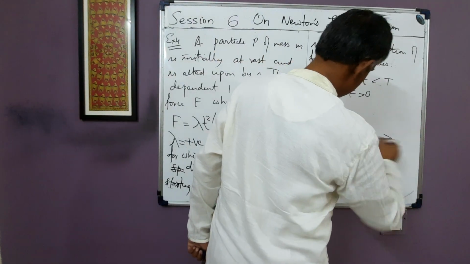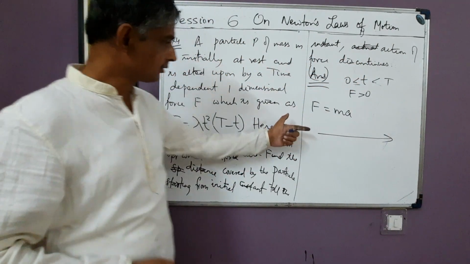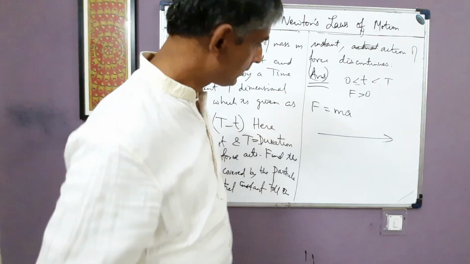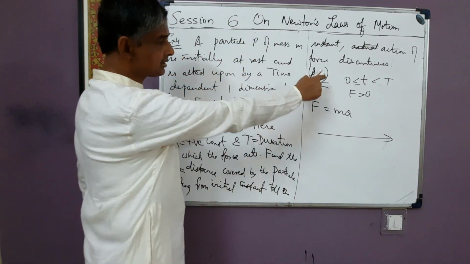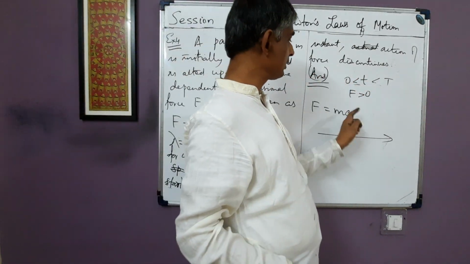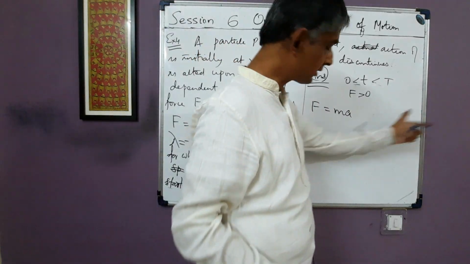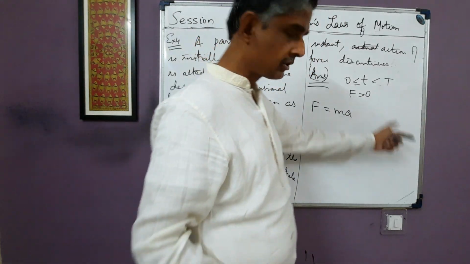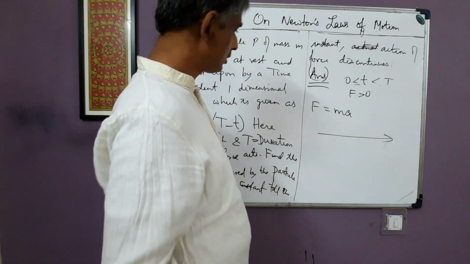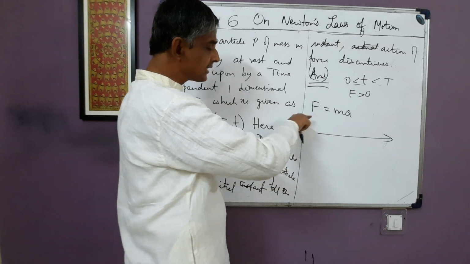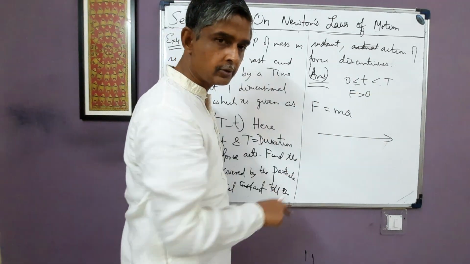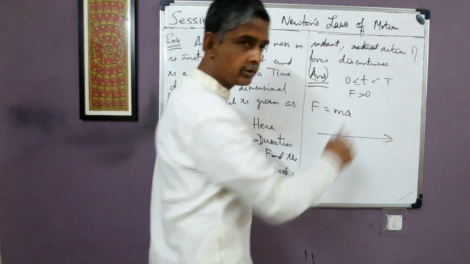Suppose this is the line along which the force is directed. For small t from 0 to capital T, the direction of force is fixed along the same direction. So here we are applying Newton's second law to this point along the direction of its net force, that is, the direction of its net acceleration.